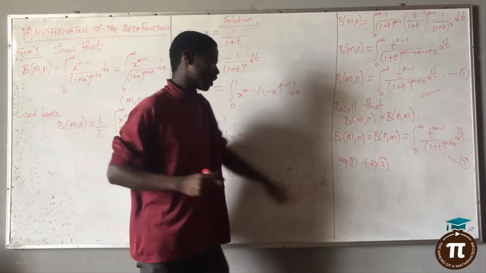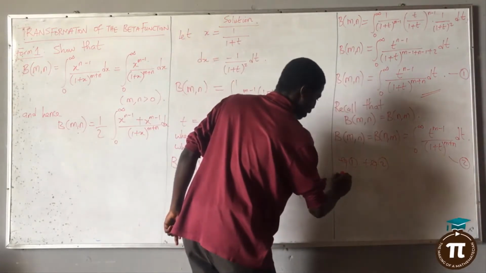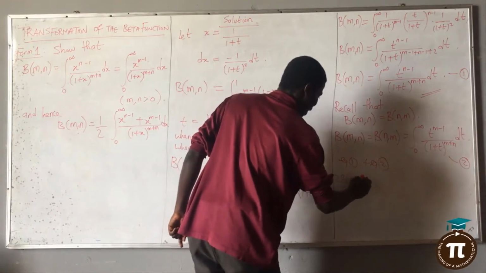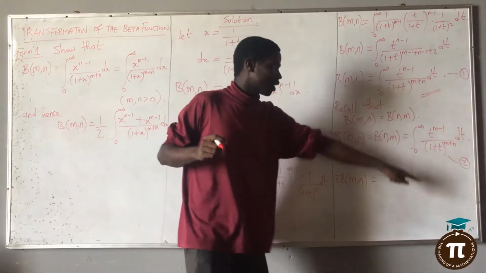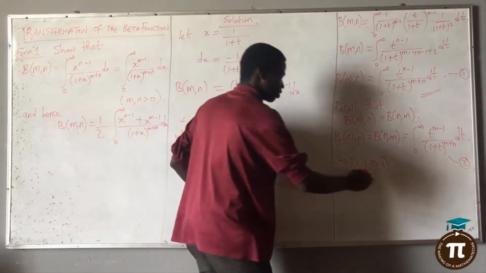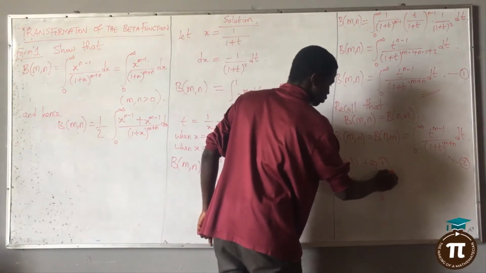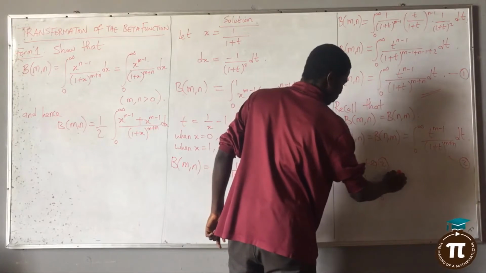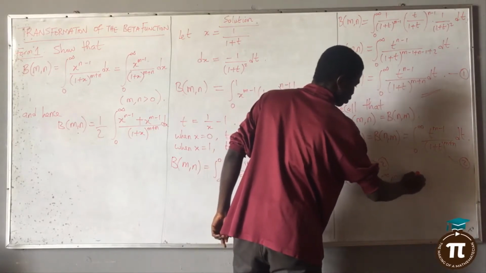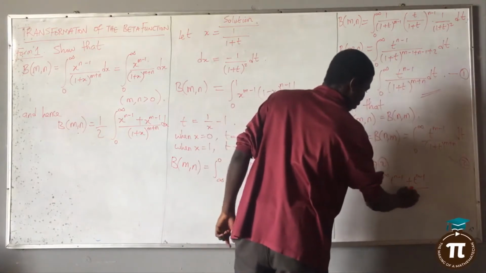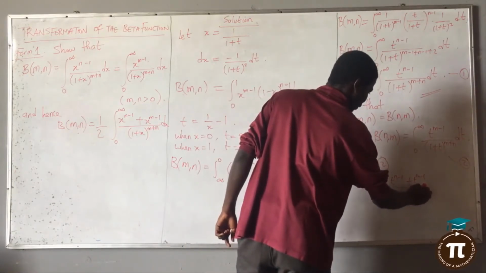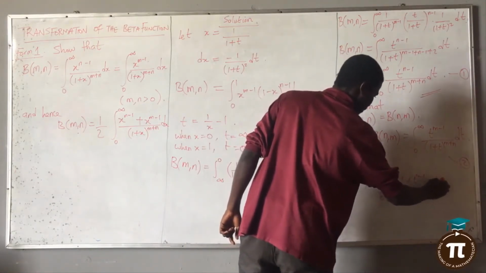When you add these two together, you will get 2 beta of m comma n is equal to the integral from 0 to infinity of t raised to the power of m minus 1 plus t raised to the power of n minus 1 all over 1 plus t raised to the power of m plus n, dt.